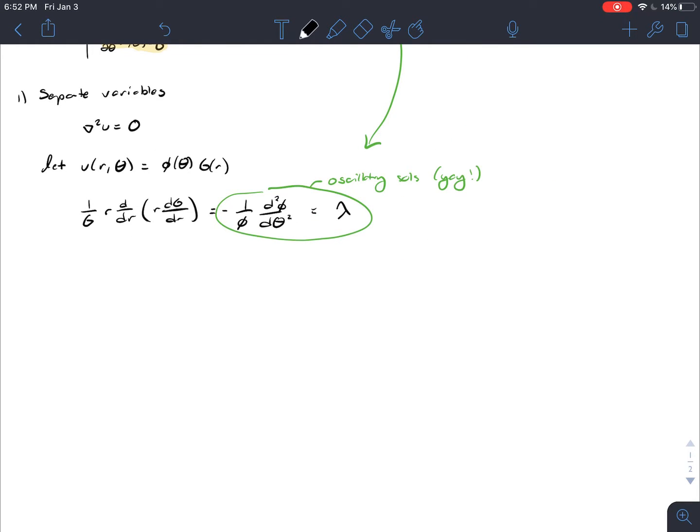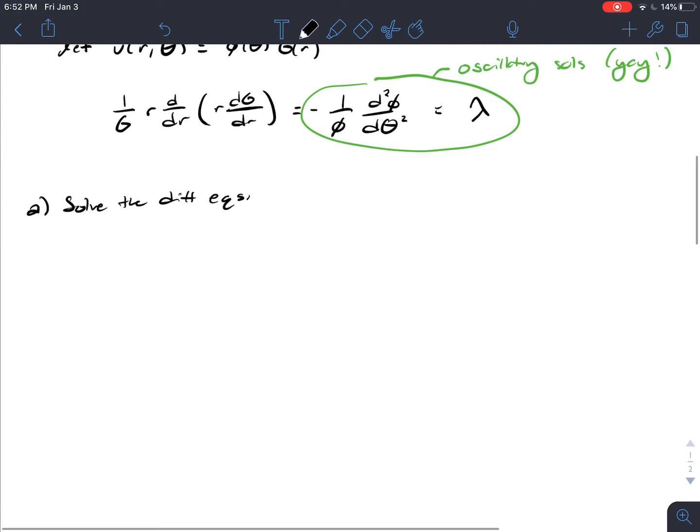Alright, so now we're going to solve the differential equations. Let's quickly mark that down. Solve the diff EQs. Let's first solve the right-hand side, phi of theta. Let's not get ahead of ourselves here.